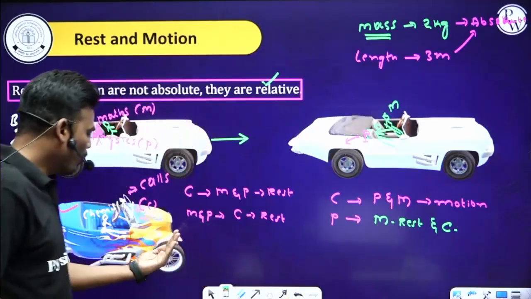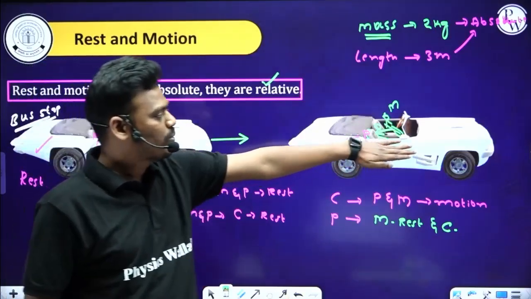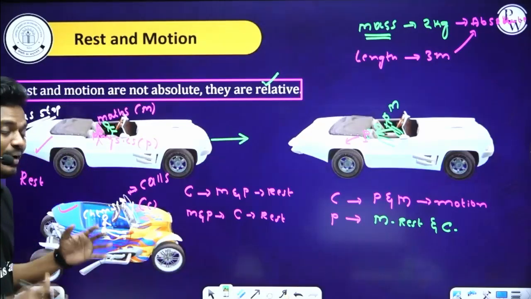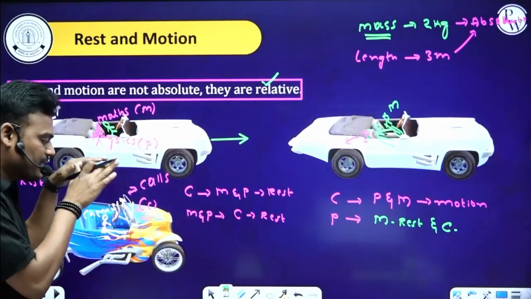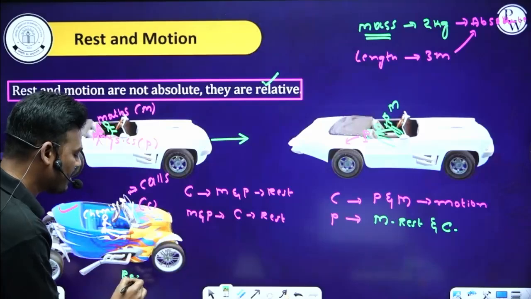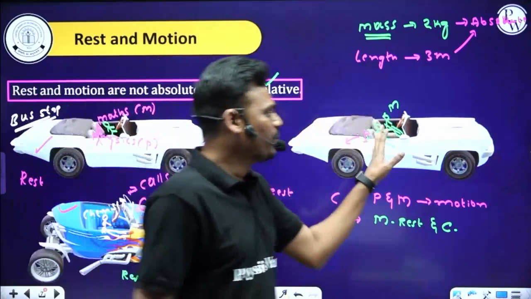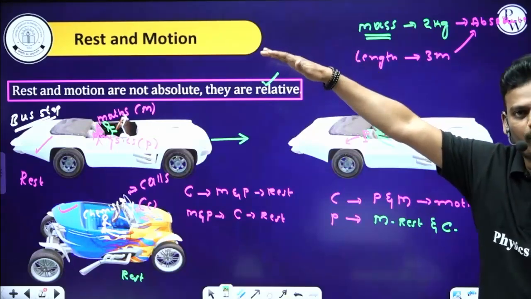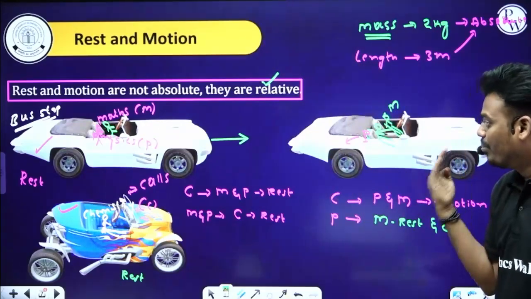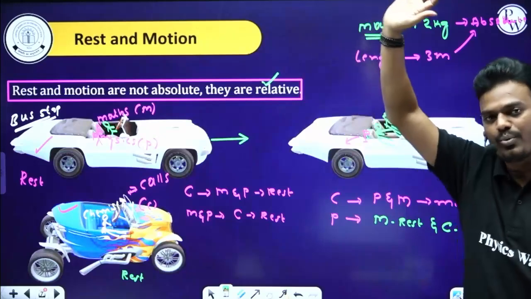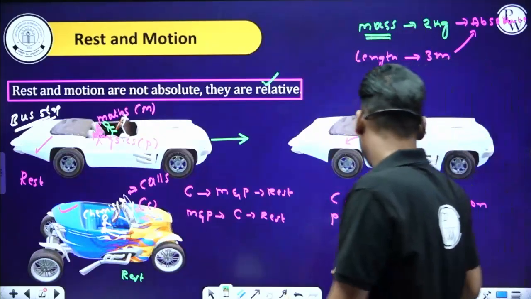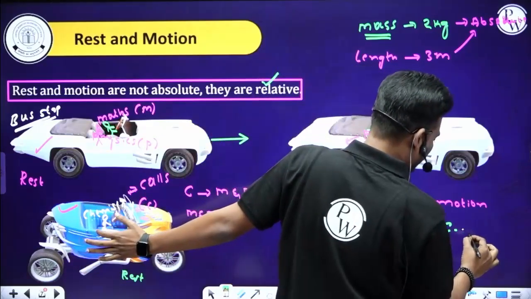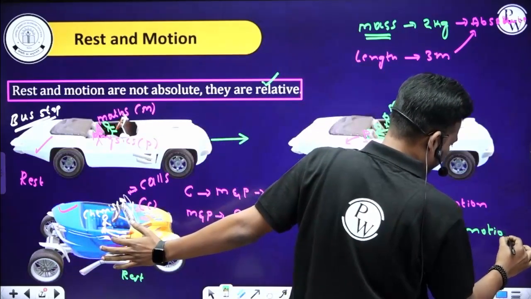Chemistry is moving backward with respect to this car, but in reality chemistry is still at rest only. As per this car, it looks like chemistry is moving backward, while in reality this car is moving forward. So with respect to P, the C is in motion. Chemistry is in motion.